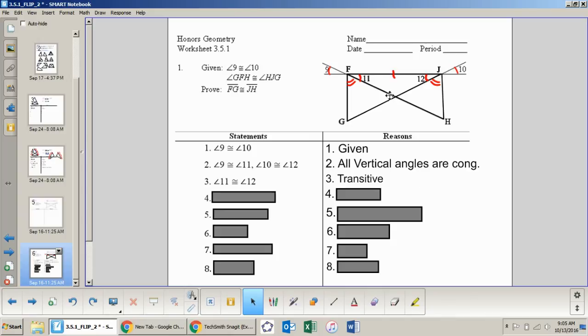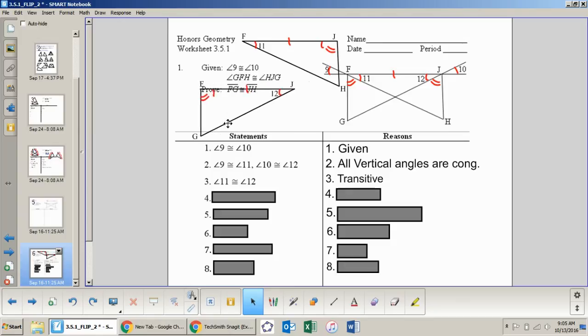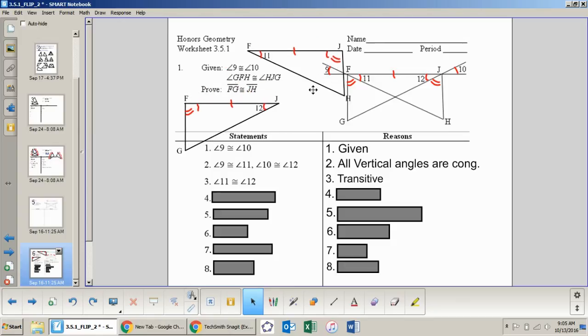We have some overlapping triangles here, so let's separate these out and see what they look like. So much easier to see them once they're separated out. Now, these two together make a full angle. So when we separated them out, there was the 2 and the 1.